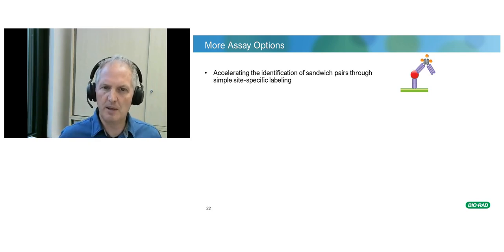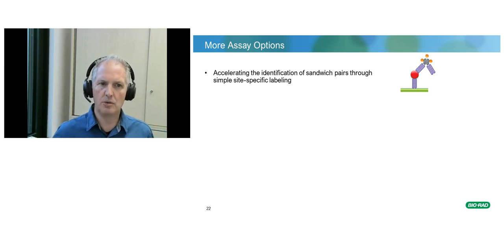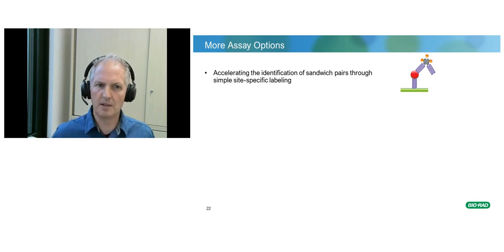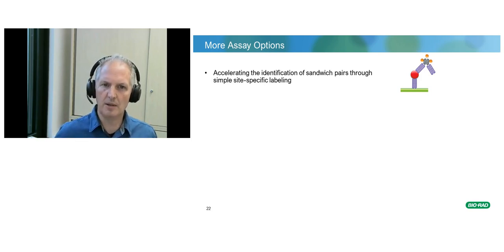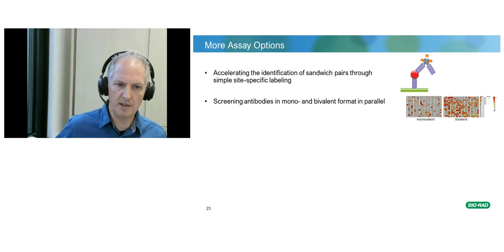That basically means you need to conjugate your detection antibody to HRP or some label. And this is so much faster and easier with the SpyTag technology. And as mentioned before, it's site-specific, so you don't have to worry that your antibody is lowered in performance because the binding site is modified.